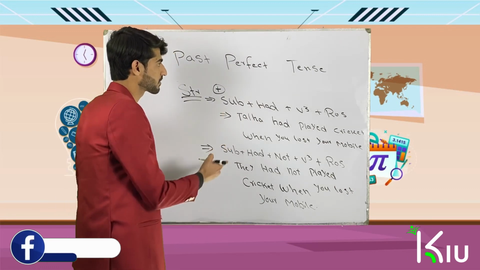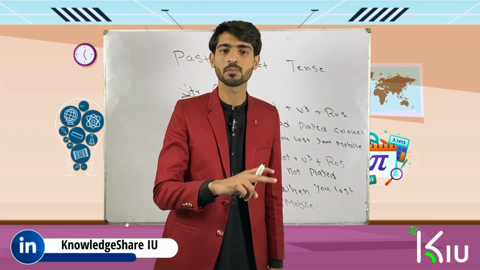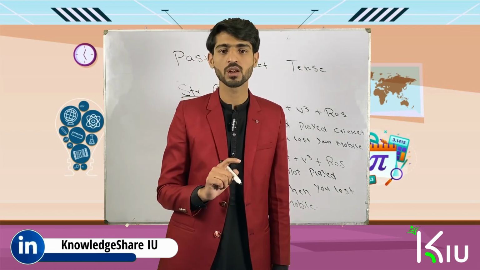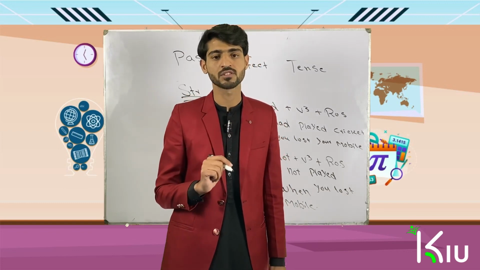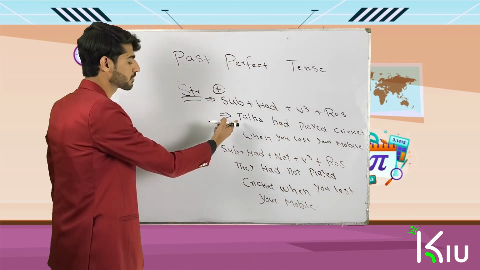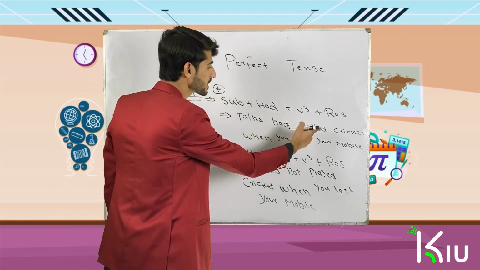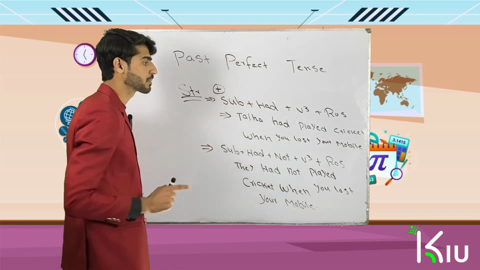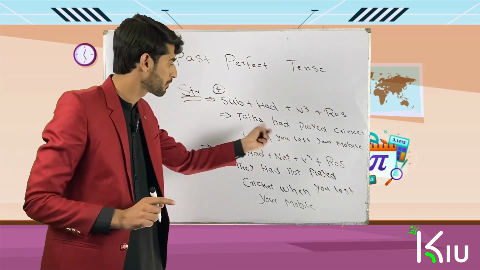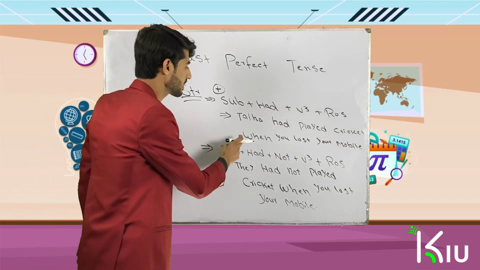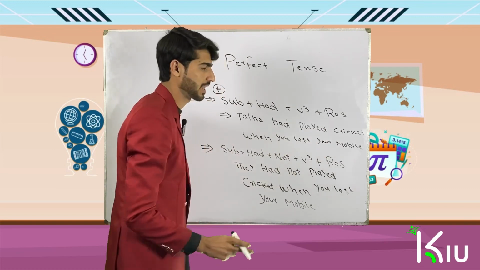As we said, past perfect tense talks about two actions in the past, but the first action will be in past perfect tense and the second action will be in simple past tense. So in this example, the first action, Talha had played cricket, is in past perfect tense, but the second action, when you lost your mobile, is in simple past tense.